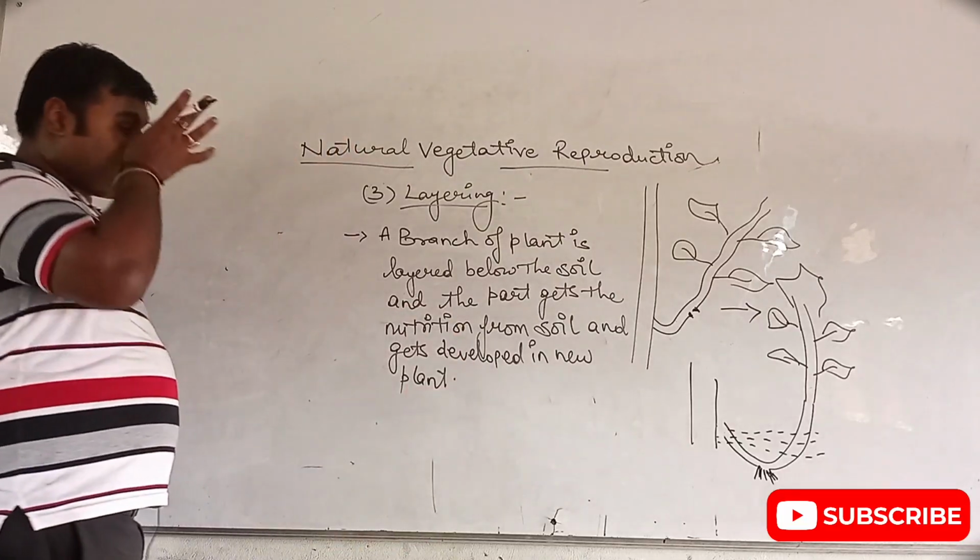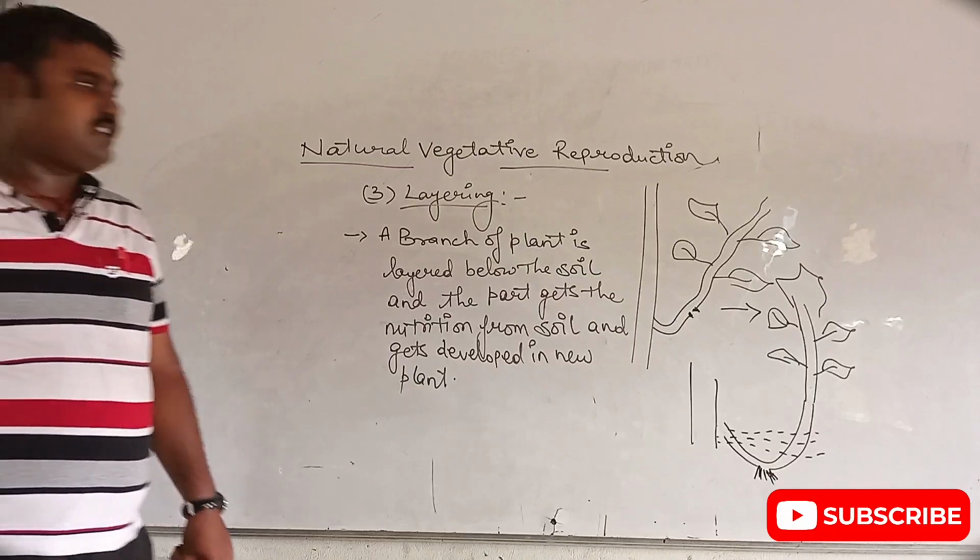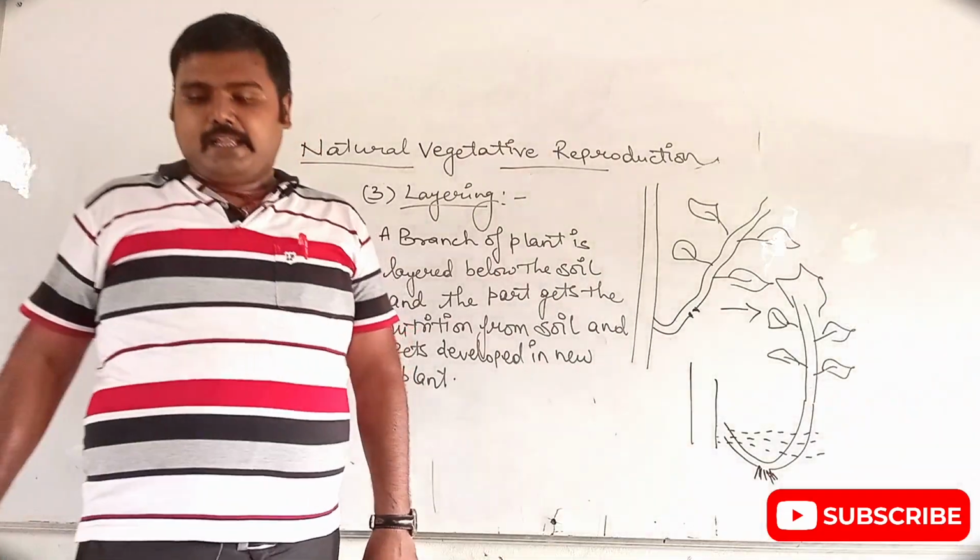So this is our third type of natural vegetative reproduction, known as layering.